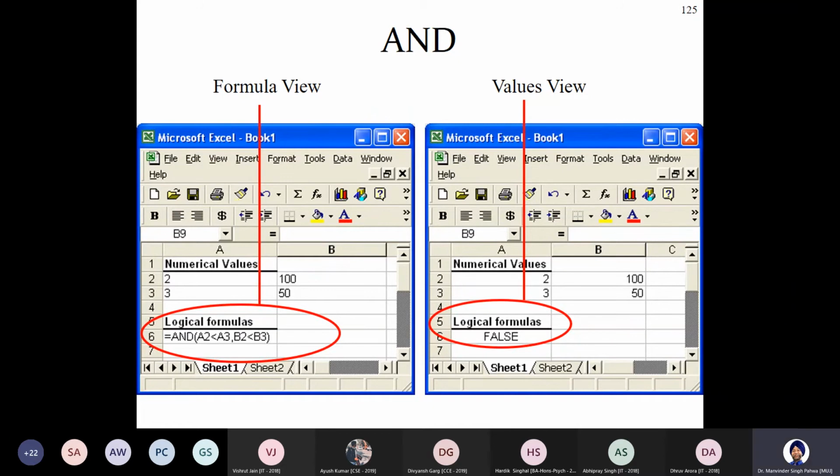Excellent, Dhruv. Anmol. Excellent. Vishrat, Niyati, Abhipray, Manvir, Anmol, Dhruv, Parth, Hardik. Good, good, good, good.